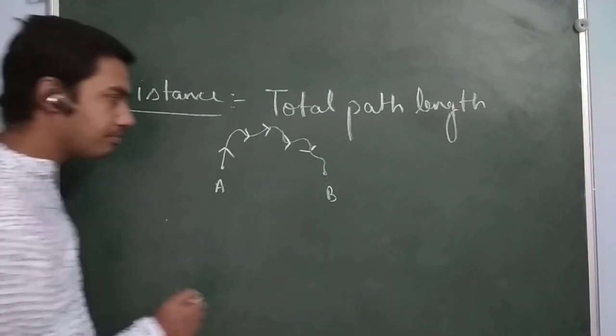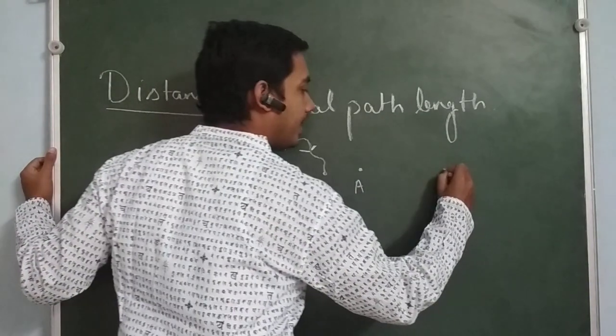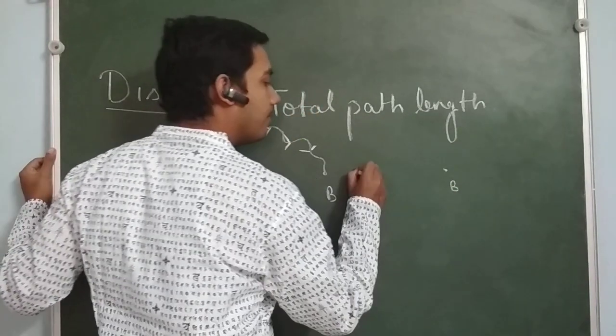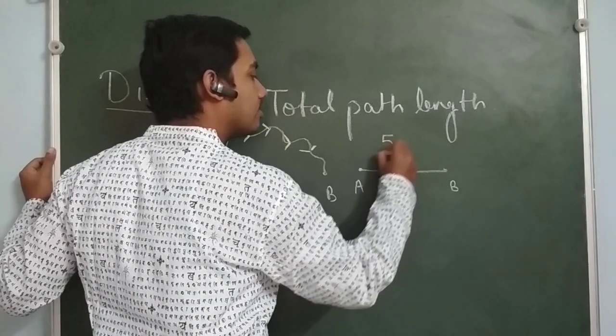Is it clear? Again, a simple example. Suppose this is point A, this is point B. I am going from point A to point B. मान लो इनके बीच का distance 5 meter है.